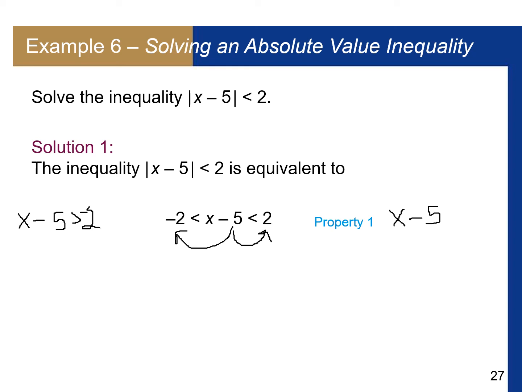And then x minus 5 is going to be less than 2. And solve them from here. Or you can do it this way, whichever one you're more comfortable with.